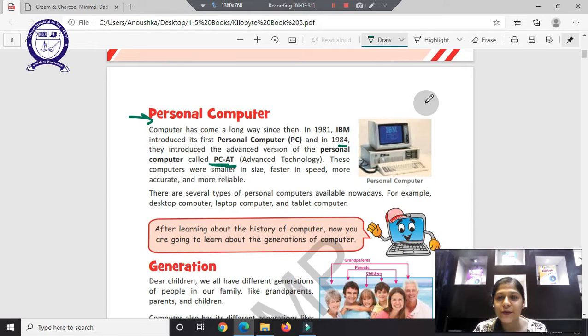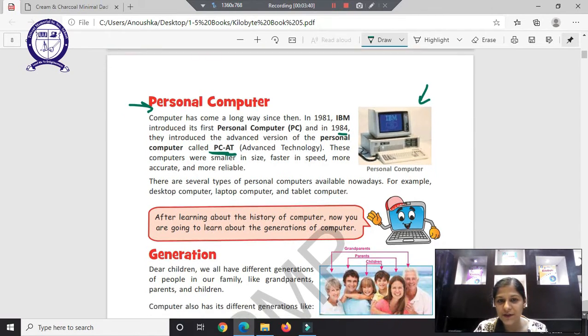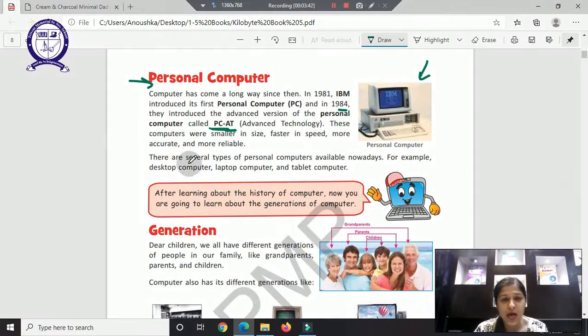These computers were smaller in size, faster in speed, and more accurate and reliable. That was the basic advantage of these computers. There are several types of personal computers available nowadays, for example desktop, laptop, and tablets. We have already studied these types in our previous classes.